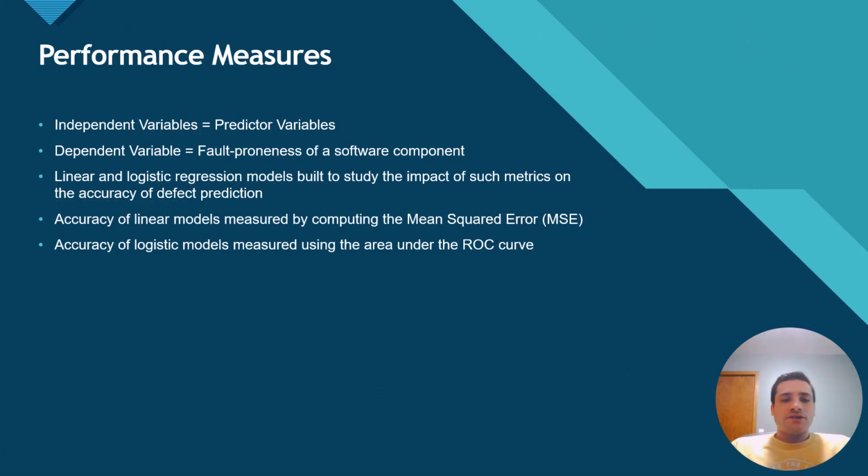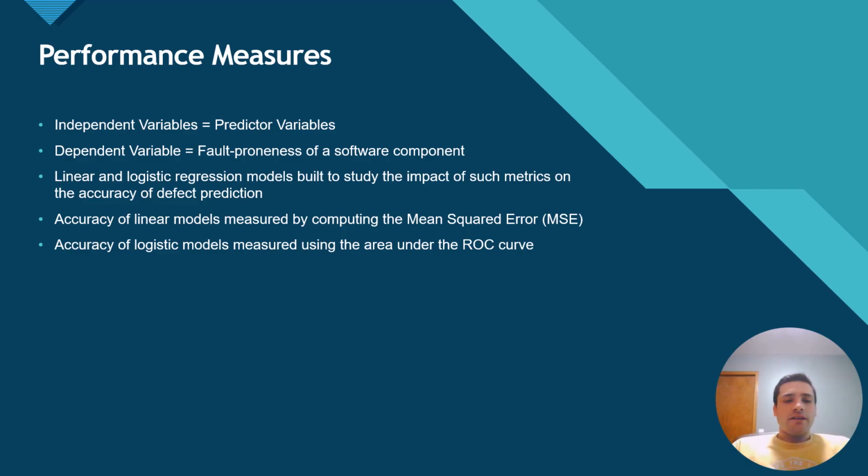And then the performance measures that were discussed in this research. The predictor variables that I just discussed in the previous slide are the independent variables, and the dependent variable is fault proneness of a software component.